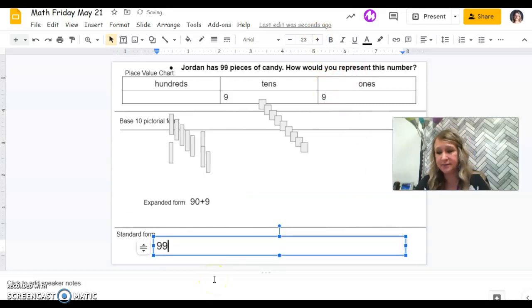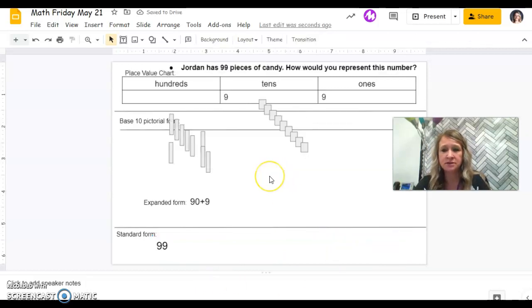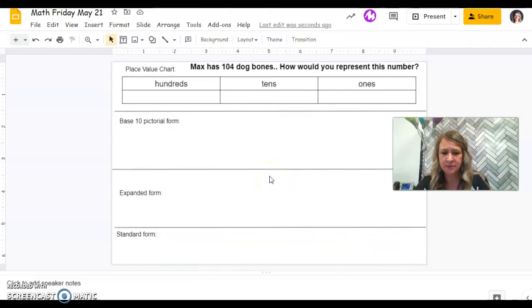99. Very good. All right, let's try one more. Okay, Max has 104 dog bones. 104? That's a lot of dog bones. How would you represent this number? Well, we remember that the number on the right is the ones.